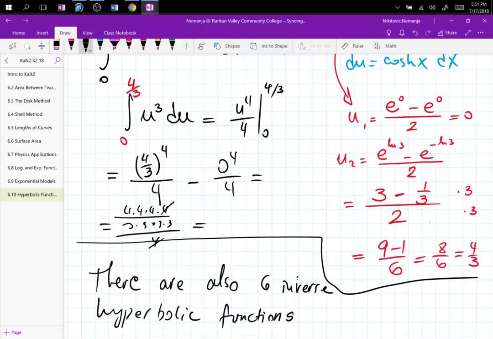So what you have now is 4 times 4 times 4. Well, that's 64 over 3 times 3 times 3 times 3.